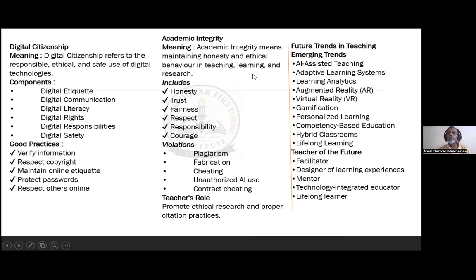Now we come to the future trends in teaching. The present situations have already been discussed, and now we are predicting the future trends in teaching. What are the emerging trends? Number one, AI-assisted teaching. Of course, this is our very near future.